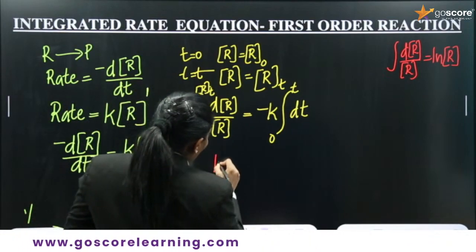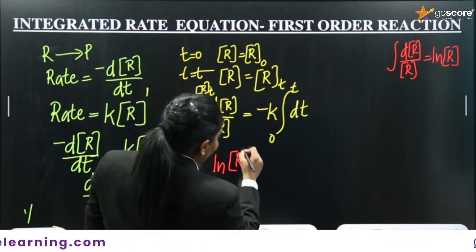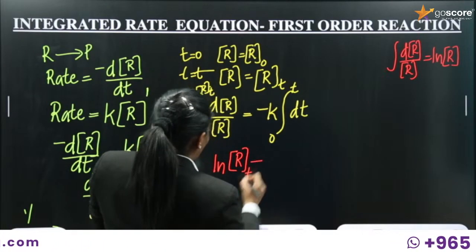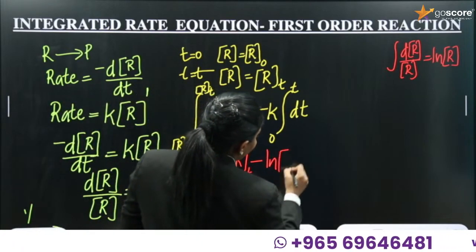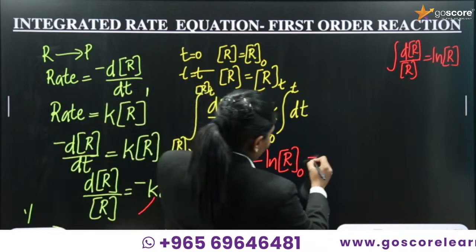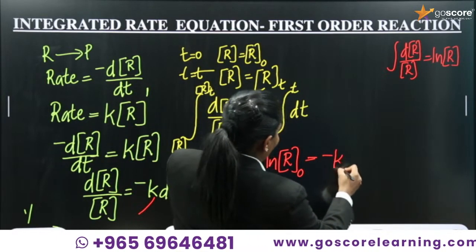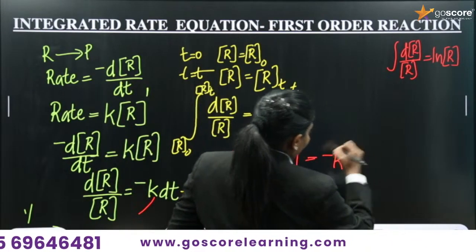It will be ln Rt minus ln R0 is equal to minus k times t, where the upper limit of the integral of dt is t, so kt.